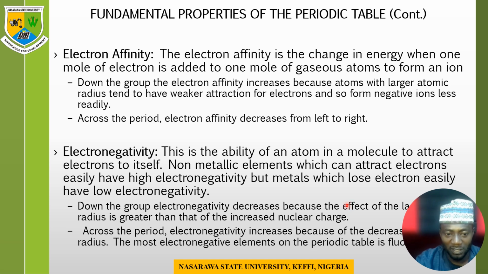So there is more shielding effect. The inner shells of the atoms of the elements, as we are moving down the group, are increasing, so they cover the outer electrons from being attracted into the nucleus. So down the group, you discover that electronegativity decreases, but across the period, electronegativity increases.